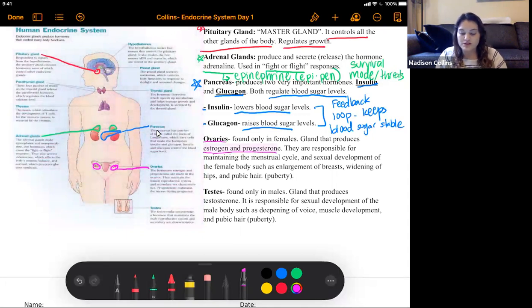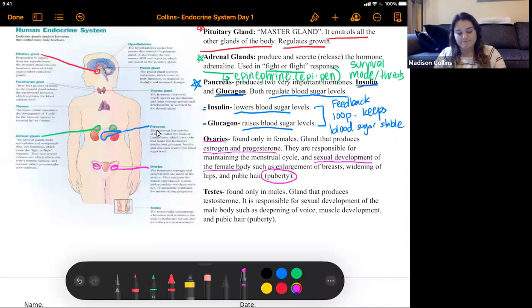Both of those hormones are responsible for basically any sort of secondary sexual characteristic in female bodies. So maintaining the menstrual cycle, development of the female body, such as enlargement of breasts, widening of hips, and pubic hair. All of these things are going to occur at the onset of puberty, which you guys are probably very familiar with. So ovaries, again, are going to secrete the hormones estrogen and progesterone to undergo the sexual development of the female body.